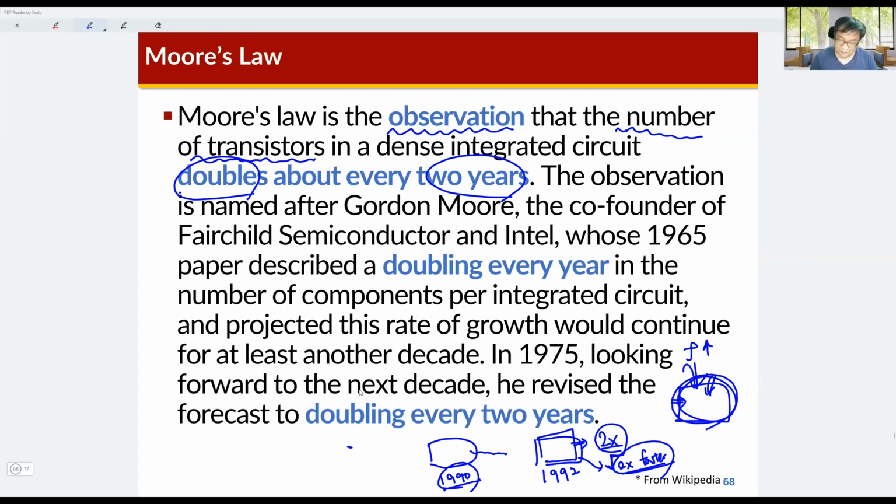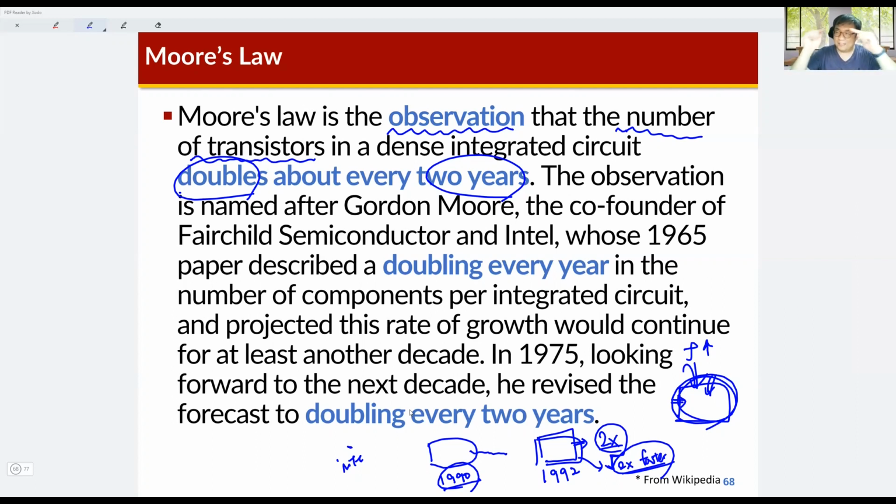What does that mean? Moore's law was first mentioned by Gordon Moore, who was the CEO of Intel, and Intel set some goal of advancing semiconductor technology based on this Moore's law. So the semiconductor technology advanced based on Moore's law.